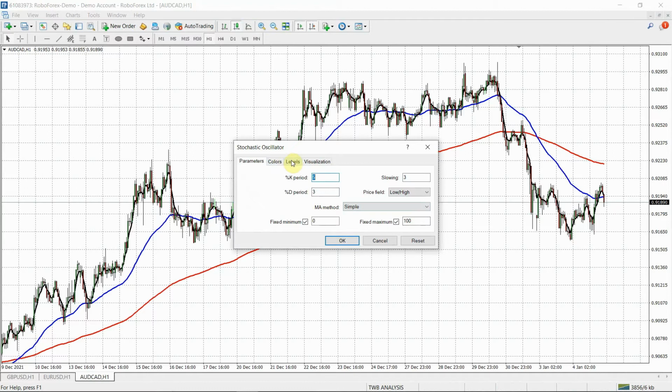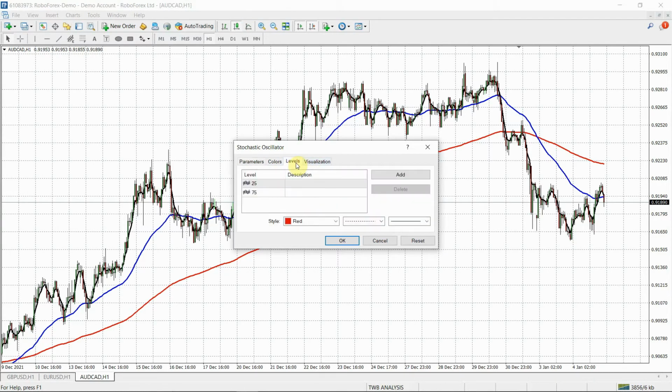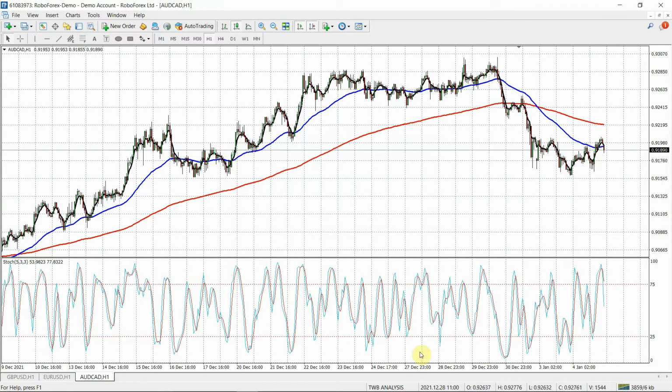Like we said, leave everything as it is. Come to levels, and you see by default it will be on 20 and 80. So please, I encourage you to change it to 25 and 75 for the purpose of this trading system. All right, and the color you change it to red. So basically we have that, and that's exactly what we have here.